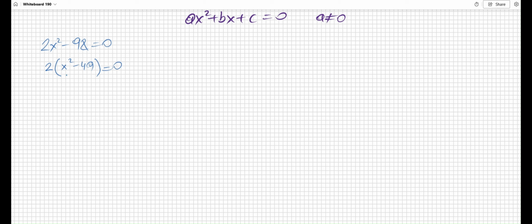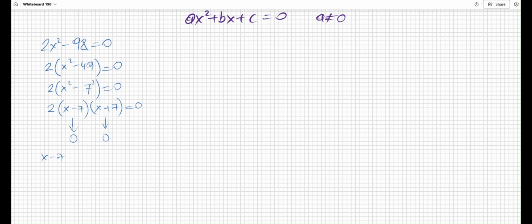And then, as you see, it's a difference of squares. X squared minus, since 49 is the square of 7, it can be written like that. And then you can factorize it as x minus 7 times x plus 7 is equal to 0. And since the product is equal to 0, we equalize both to 0.